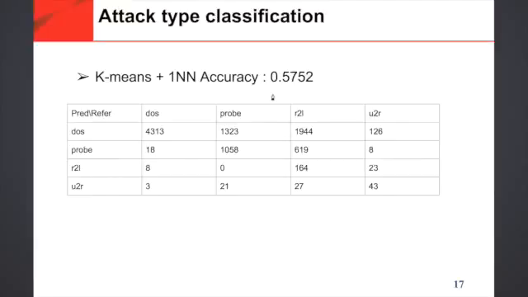So in this case, you can see a lot of probe attacks and R2L attacks are classified as DOS attack. Maybe that's because there are so many DOS attacks and they are scattered along the distribution and it's everywhere. So it has a higher chance to classify a new data point as DOS attack than any other class.